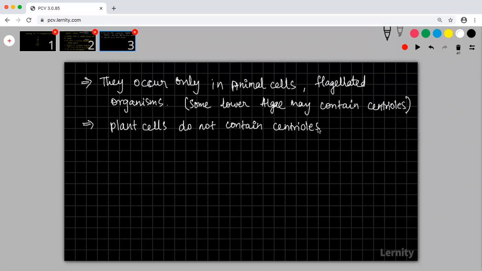Okay, so you need to know about the structure. I will not be able to draw the structure, I'll just show you.